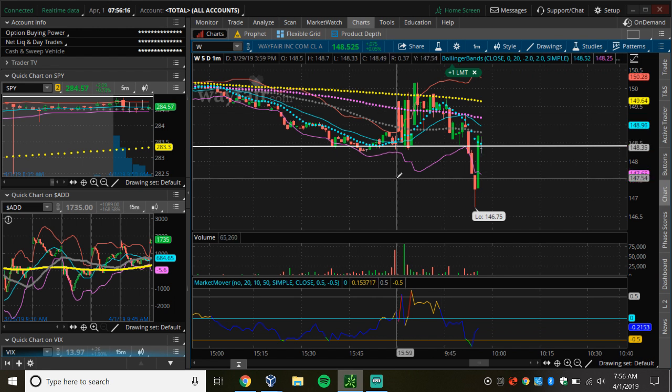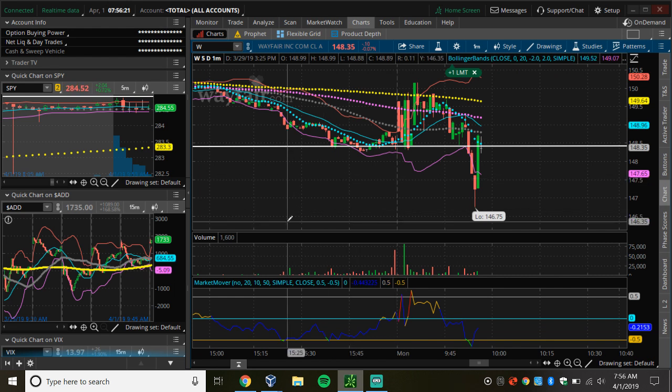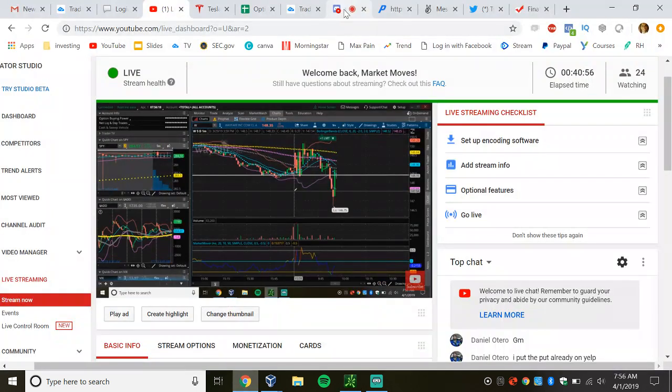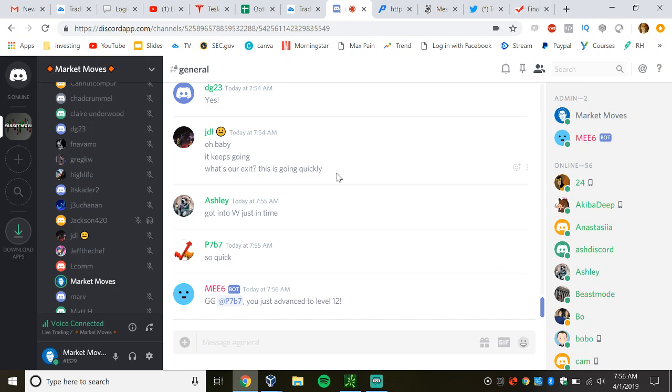What a weird candle. So looking for a rejection of this line, which we're getting right now. Should be a great hold once that happens.